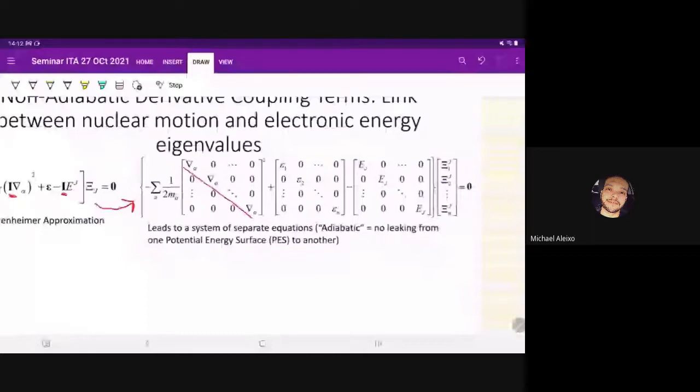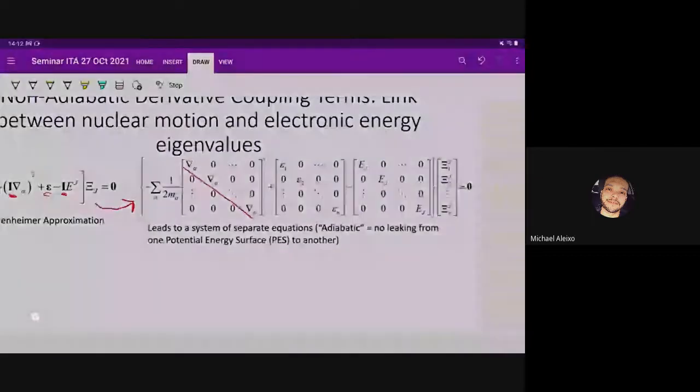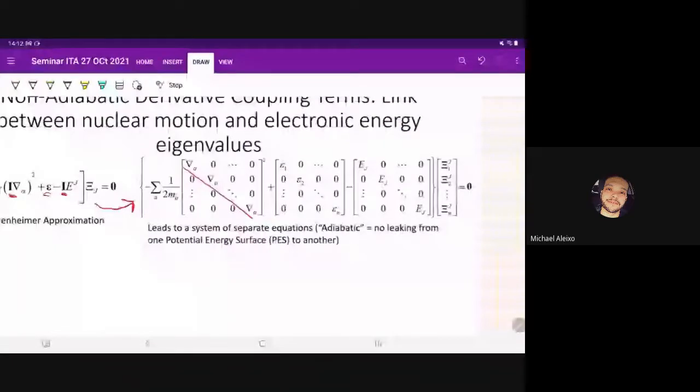And then our potential energy matrix, again, it's different values, but they're all along the diagonal. And then finally our eigenvalue, this is just an eigenvalue times the identity matrix, so that ends up just being along the diagonal there.